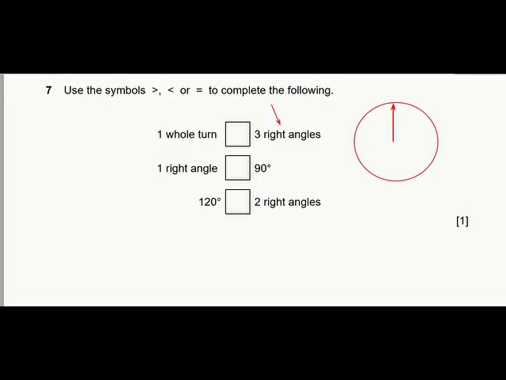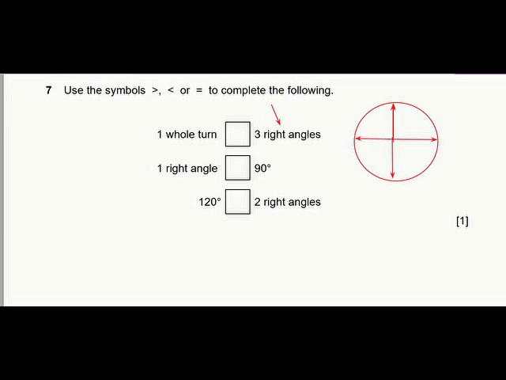But how many right angles are there? Well, let's say there is a right angle here, 90 degrees. There is another right angle here, and we are 180 degrees so far. This is kind of too rough. Oops, I want to make it much better.